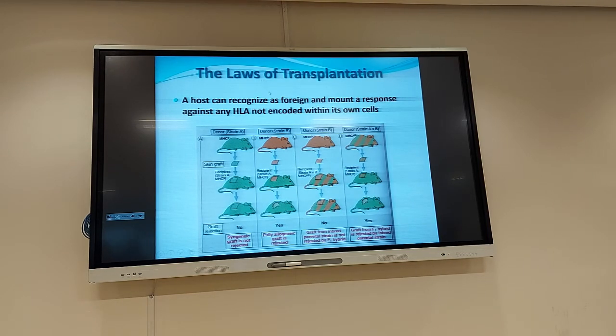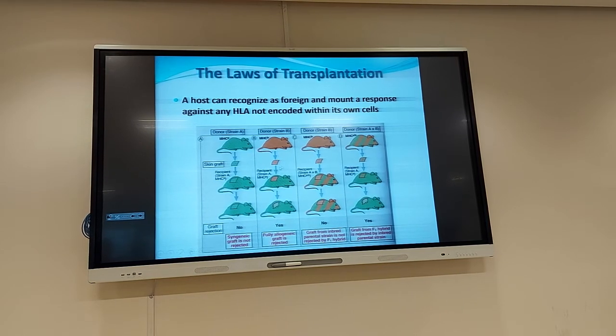In the second experiment, they take skin from a different strain, strain B, and graft it onto our original strain A mouse, and you get rejection, because strain B and strain A are genotypically different.